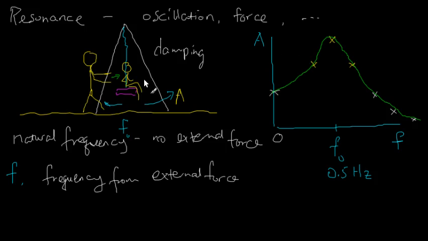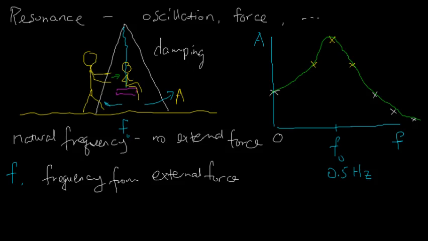We would expect that at resonance, when the parent pushes at the right natural frequency, the amplitude should be even bigger. We would expect this to be even bigger if there's less resistance.